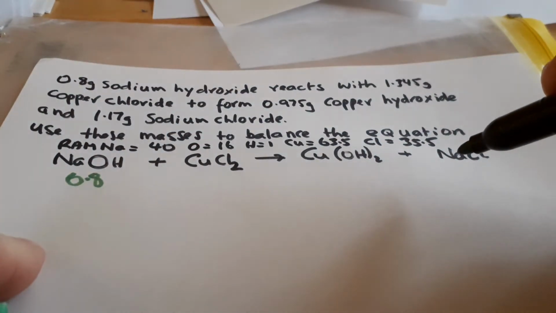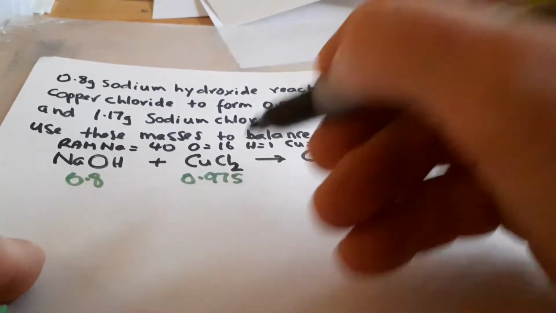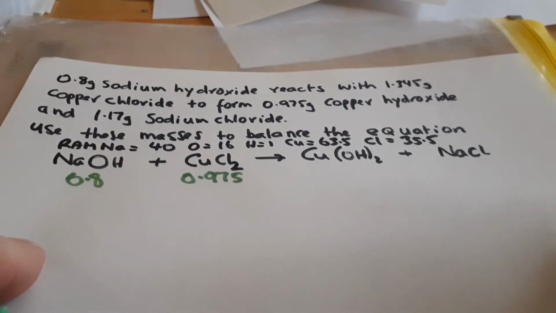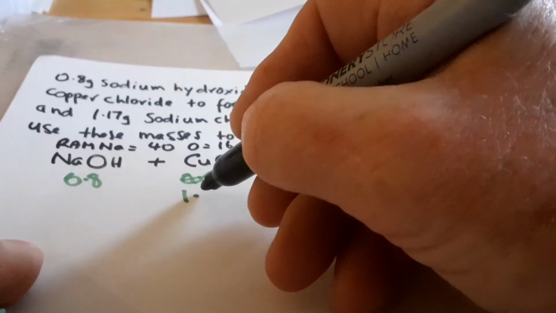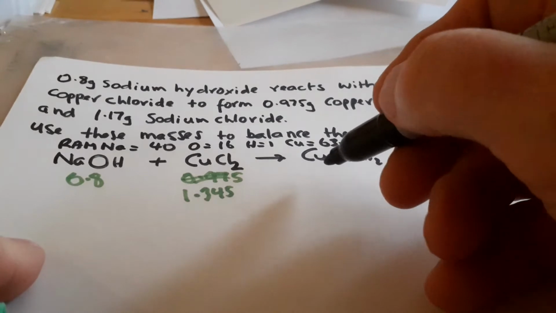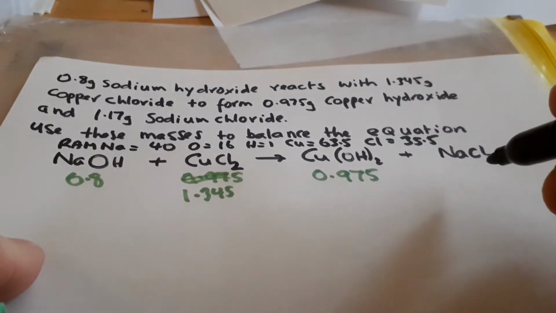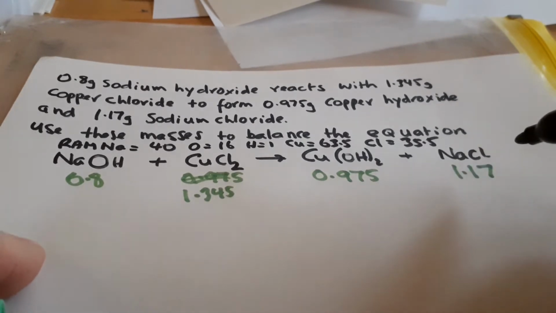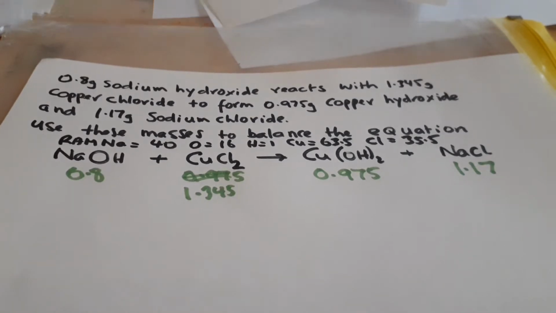We've got 1.345 grams of copper chloride and 0.975 grams of copper hydroxide and 1.17 grams of sodium chloride. Now, we need to get the number of moles, and again, remember, moles equals the mass divided by the mass of 1 mole.